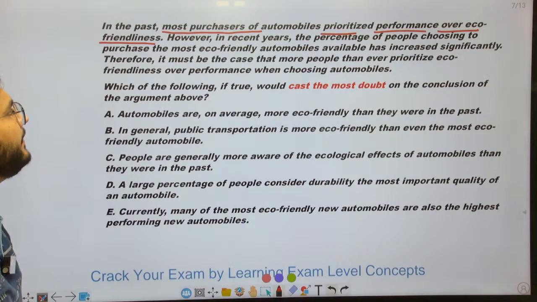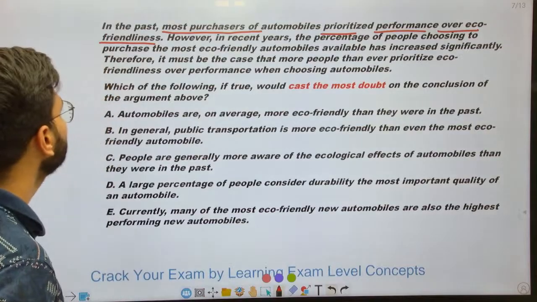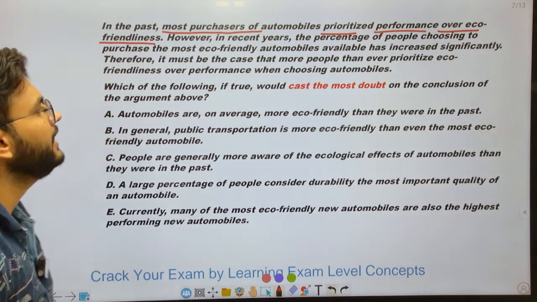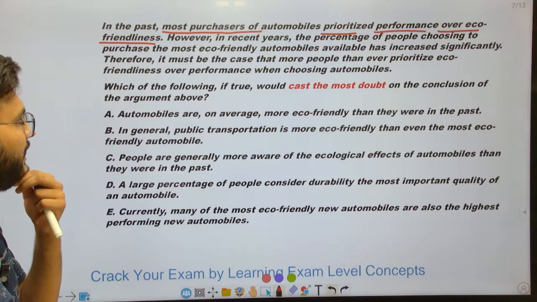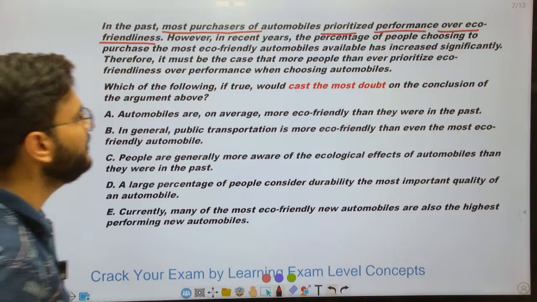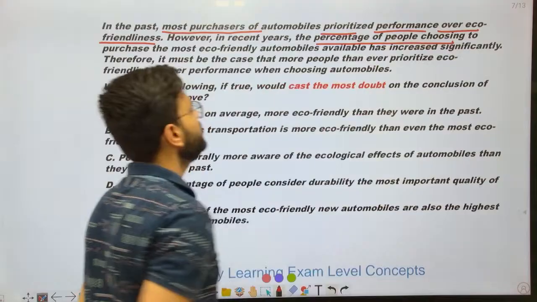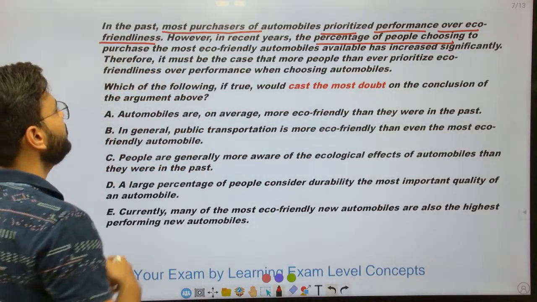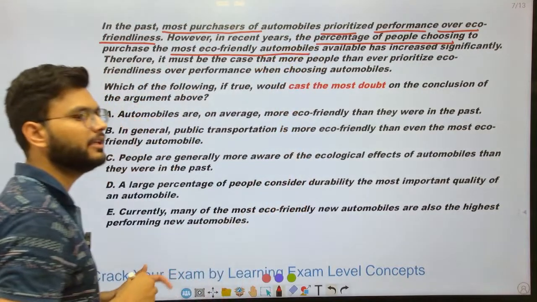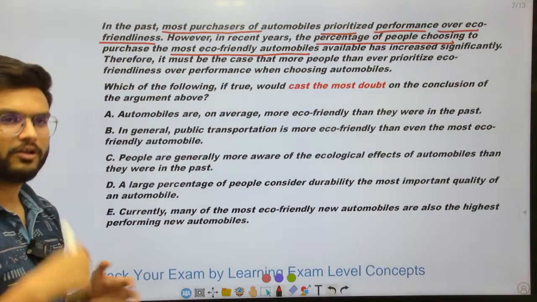However, in recent years, the percentage of people choosing to purchase the most eco-friendly automobiles available has increased significantly. Now, something different has happened. In recent years, the percentage of people purchasing eco-friendly automobiles has increased. Earlier, they were choosing performance over eco-friendliness.